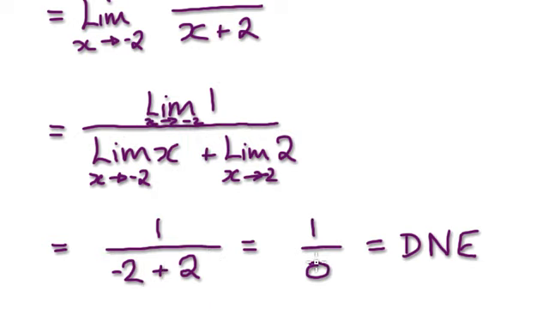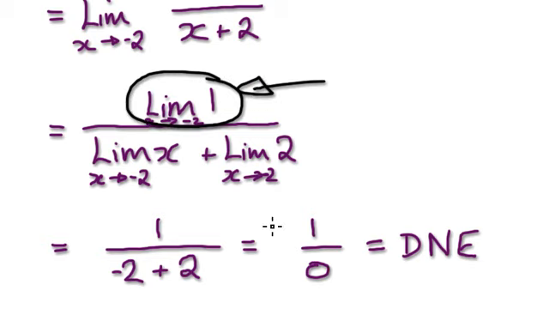Now here you've got to use a theorem which I haven't shown you yet. The limit at the top exists and it's not 0, and at the bottom the limit is 0.